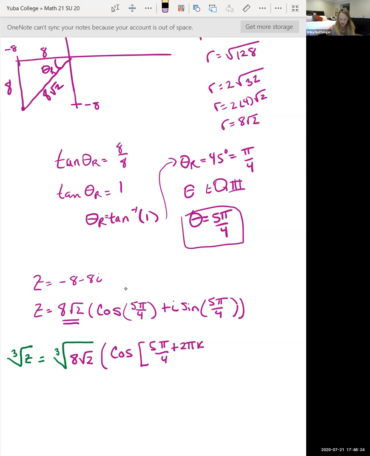So this is where it might be easier if we multiply by 1 over n, and n is 3 in our case, instead of dividing by 3, because we'd have a complex fraction. So we're going to multiply this by 1/3, plus i sine of 1/3 times 5 pi fourths plus 2 pi k.